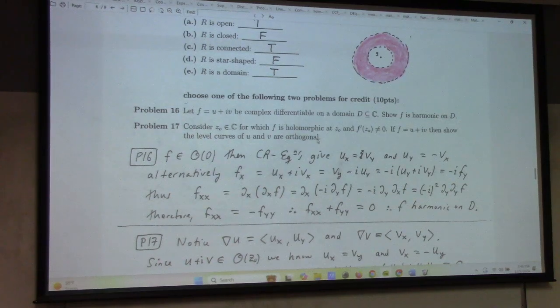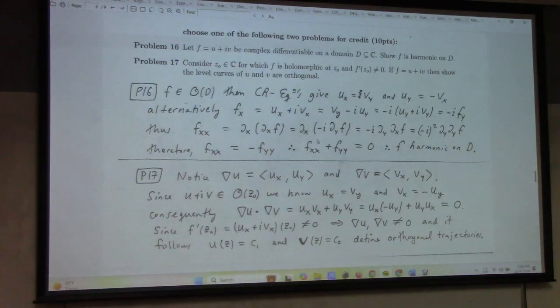The next one is to show that the level curves of u and v are orthogonal. The easiest way to do that, you have to remember the geometry of curves. If we have u of xy equal to a constant, and we have v of xy equal to a constant, then what are the gradient vector fields to those curves?